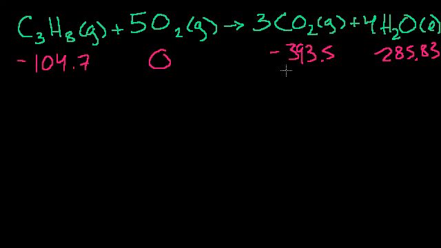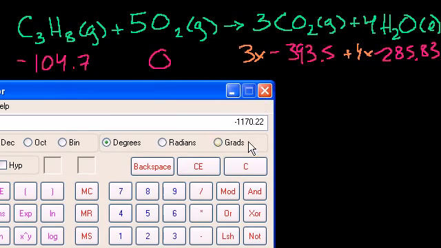So let's see. We have to figure out the heat of formation of the products. It's going to be 3 times this, because we formed 3 moles of this. For every mole, we release this much energy. And then plus 4 times this, and then subtract out 1 times this. So what do we get?